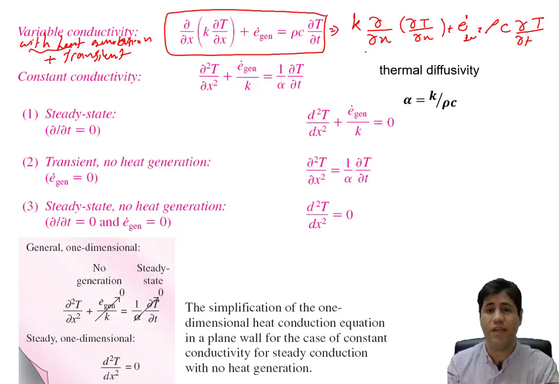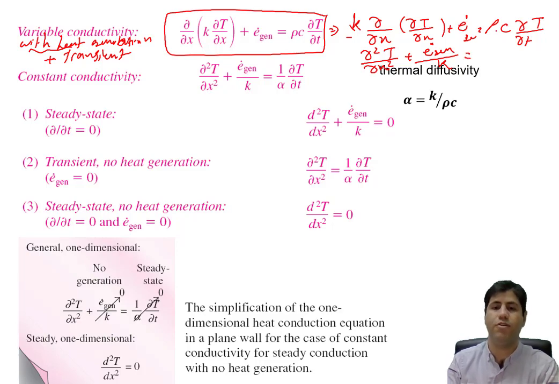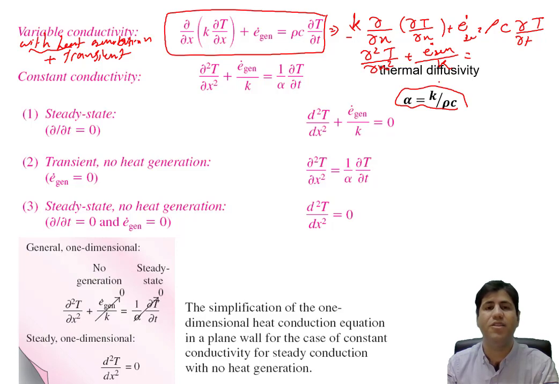Okay, K here. Then if we divide all of this by K, we will have the second partial derivative of temperature, divided by K, so K will be removed, plus e dot generated divided by K equals rho C divided by K. Here we define the thermal diffusivity.